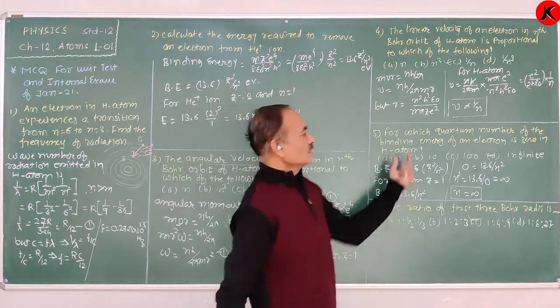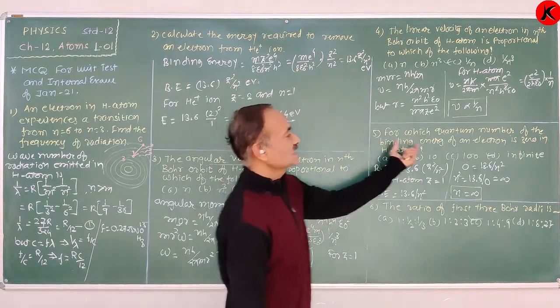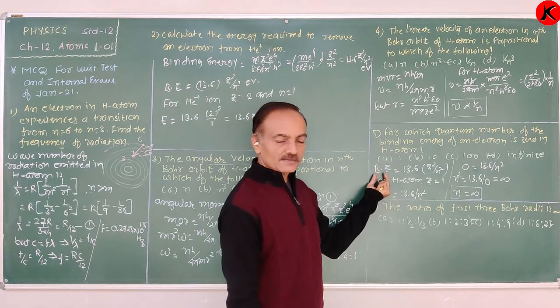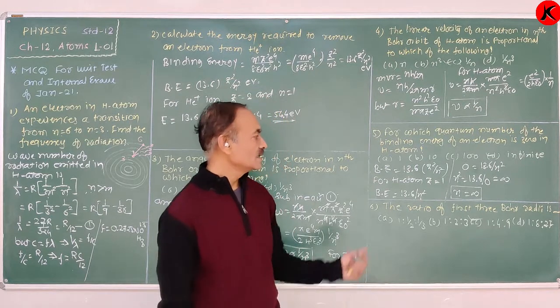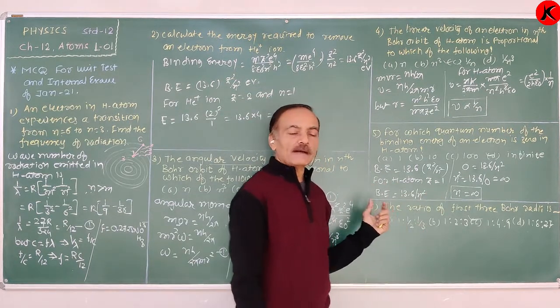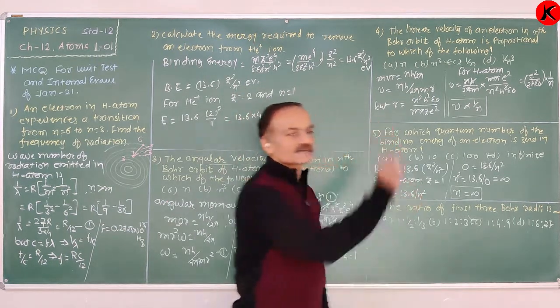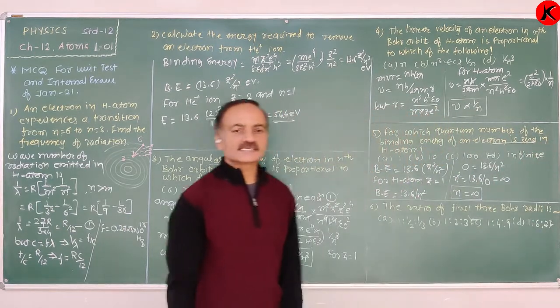Okay. So again, for which quantum number is the binding energy of an electron 0 in hydrogen atom? We know the equation of the binding energy is 13.6 into Z square upon N square. For hydrogen atom, Z is equal to 1. Therefore, binding energy is equal to 13.6 upon N square. But here the binding energy is given, that is 0.